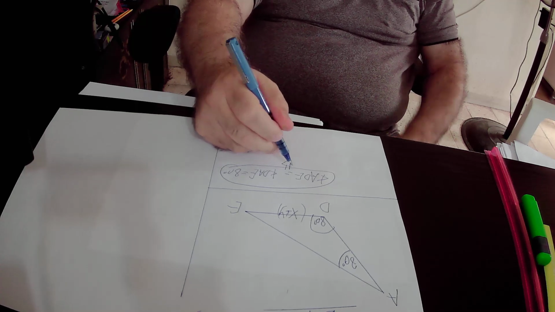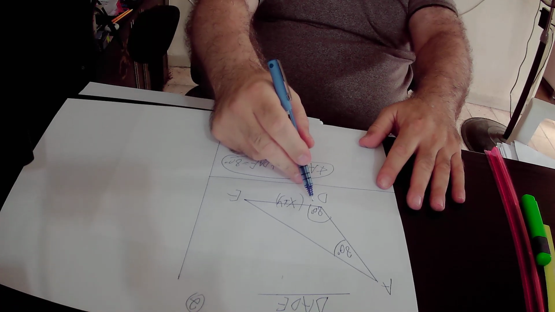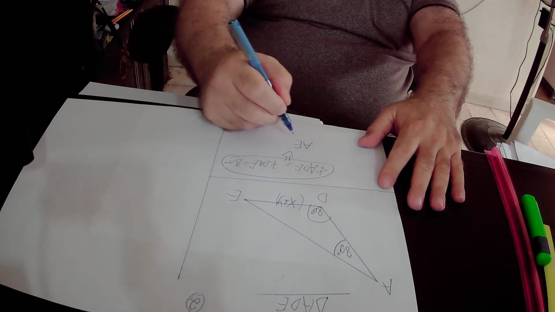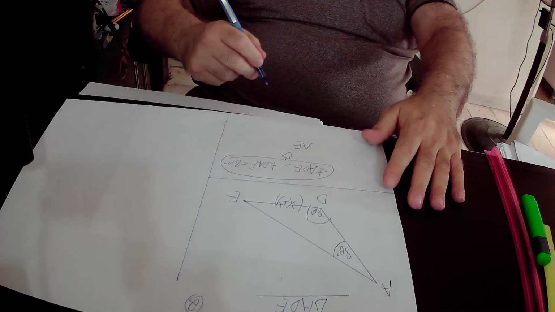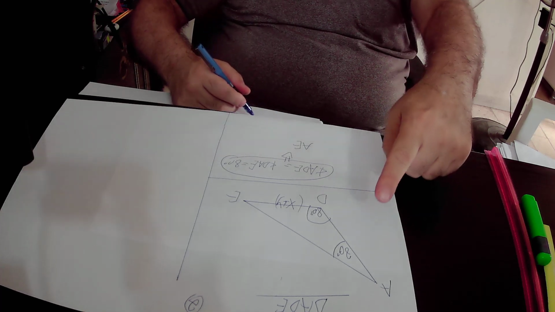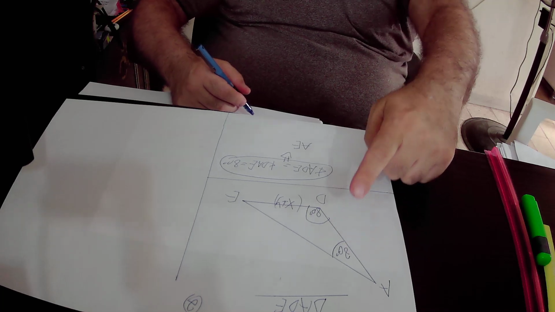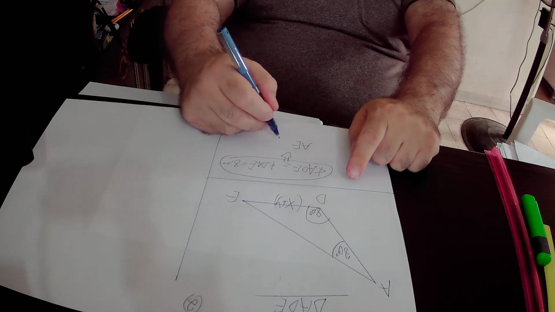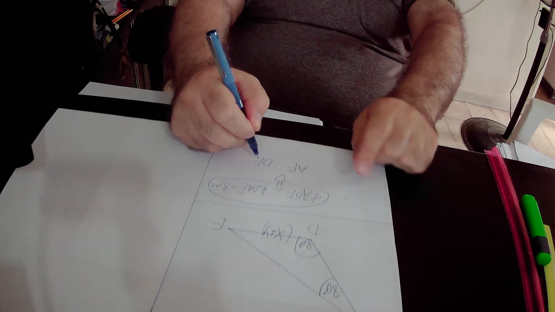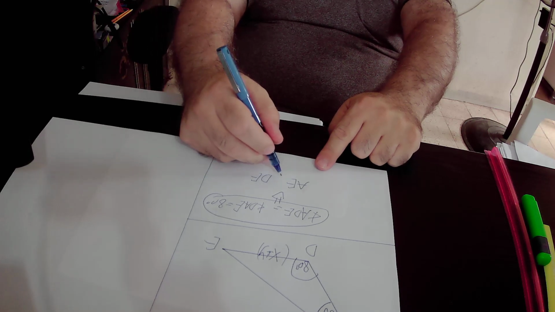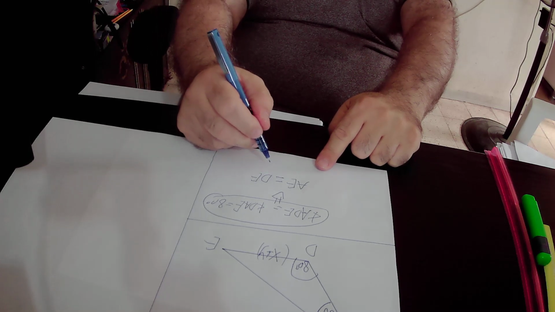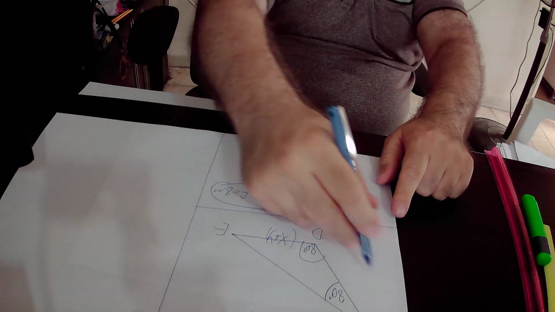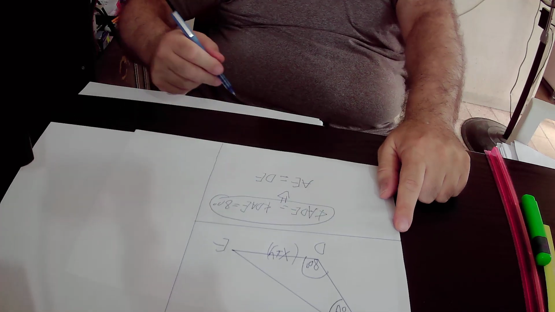So in front of this angle, we have side AE. And in front of this angle, that's also equal to 80 degrees, we have side DE. And those two sides must be equal to each other because they are located in front of equal angles. That is to say, side AE equals side DE.